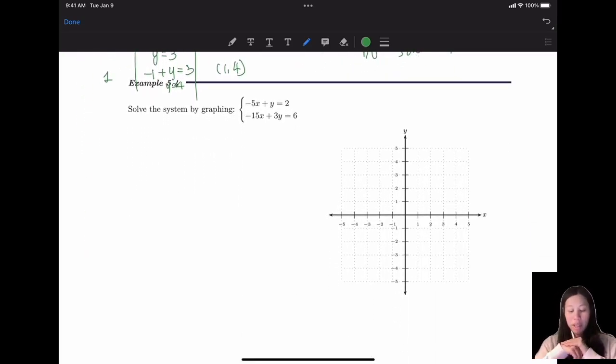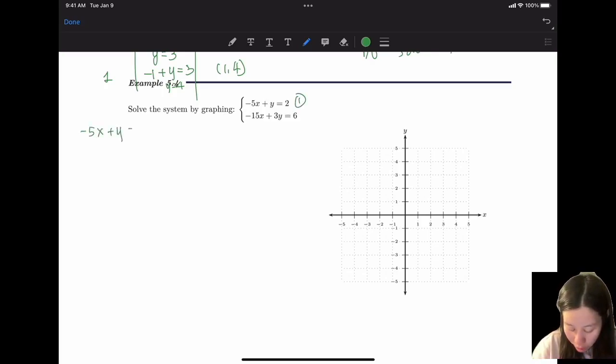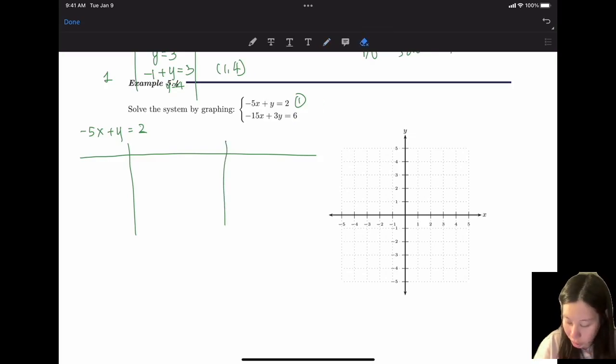Okay, next one. Negative 5x plus y equals 2. Again, we make the chart. Negative 5x plus y equals 2. I pick a random number for x, and then x and y.